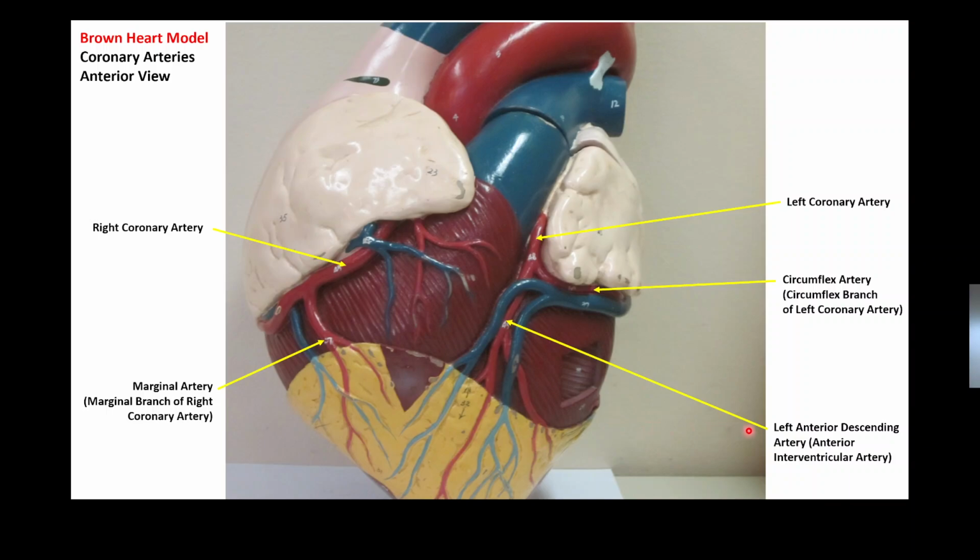Years ago, they used to call the LAD the widow maker. Historically, men got heart attacks more than females, so if they got a blockage here and it caused massive destruction to the heart muscle, a lot of times it would be fatal. Okay, so left coronary artery, then it splits. The two branches I want you to know are the circumflex and the LAD.